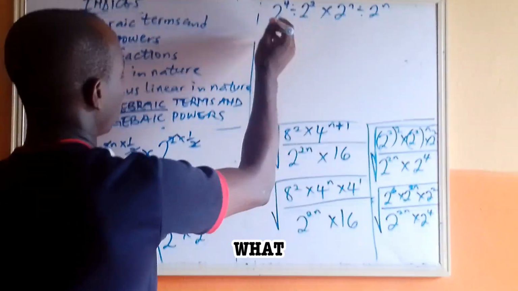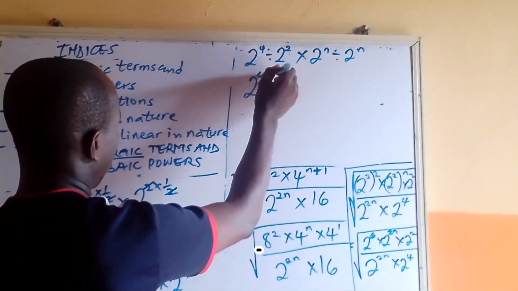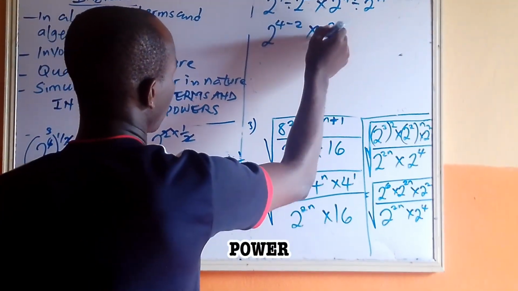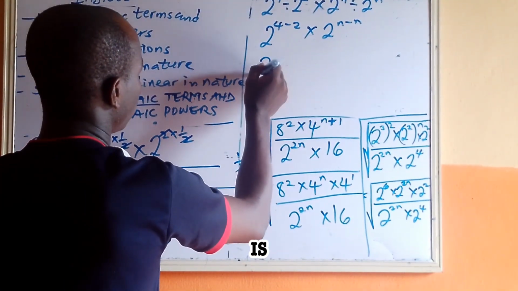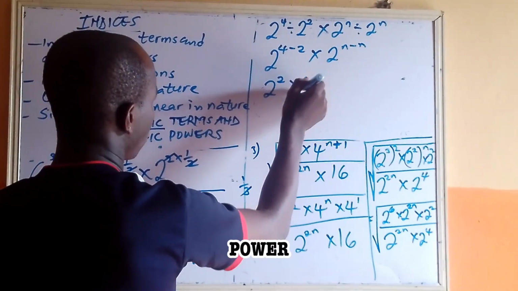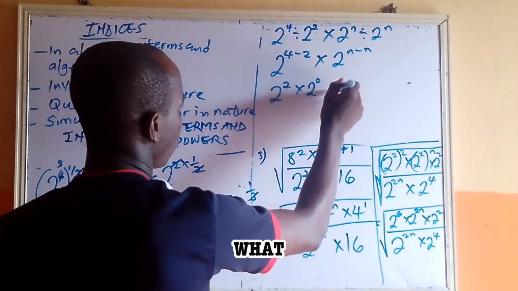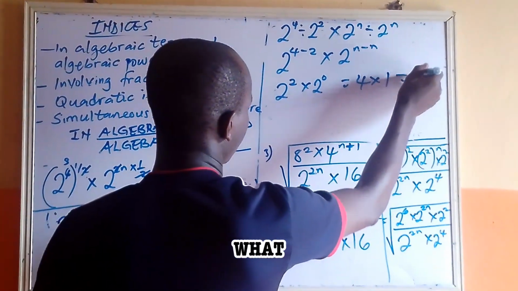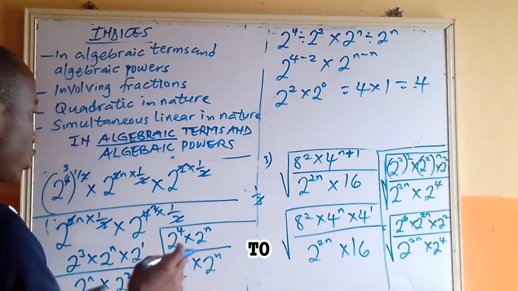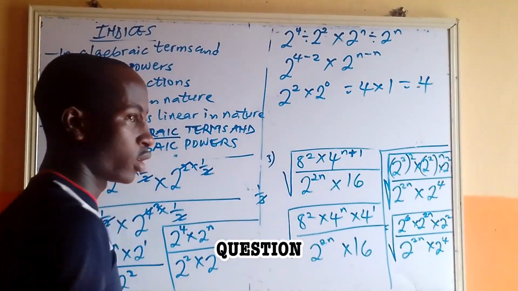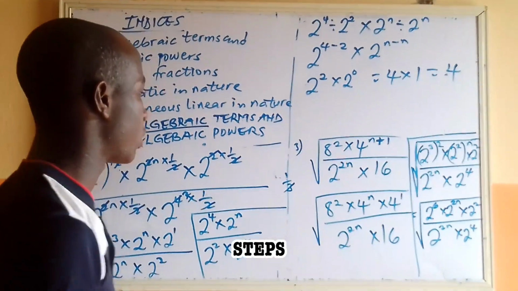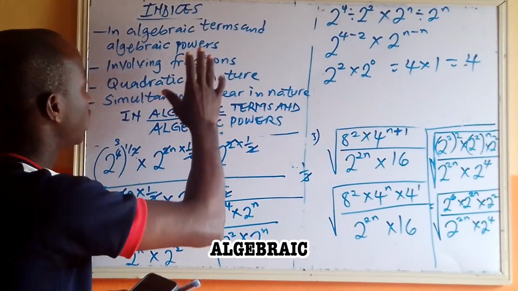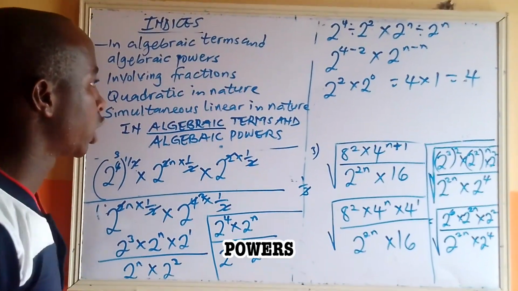We should be having 2 raised to power 4 minus 2 times 2 raised to power n minus n. So really here I'm having 2 raised to power 2 times 2 raised to power 0, and that will give me 4 times 1 equals 4. So this is how to solve this big question, as big as it is. It's very, very simple if you follow all these steps. So this is under these algebraic terms and algebraic powers.